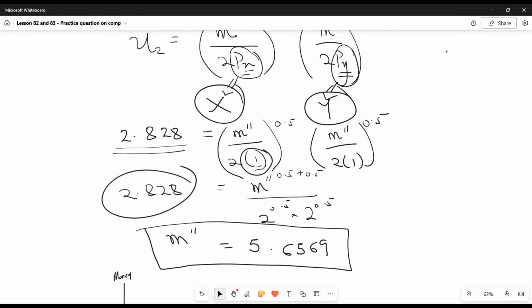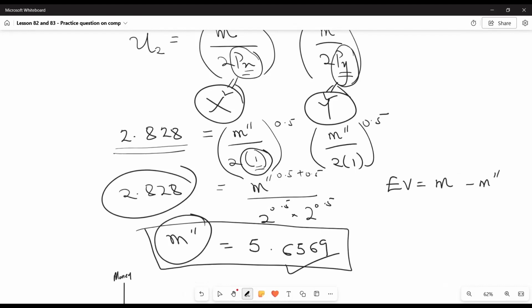The equivalent variation is therefore the difference between this new income and the old income. So we know our new income is equal to 5.6 and our old income was equal to 8. So the equivalent variation is the difference between M and M double prime.